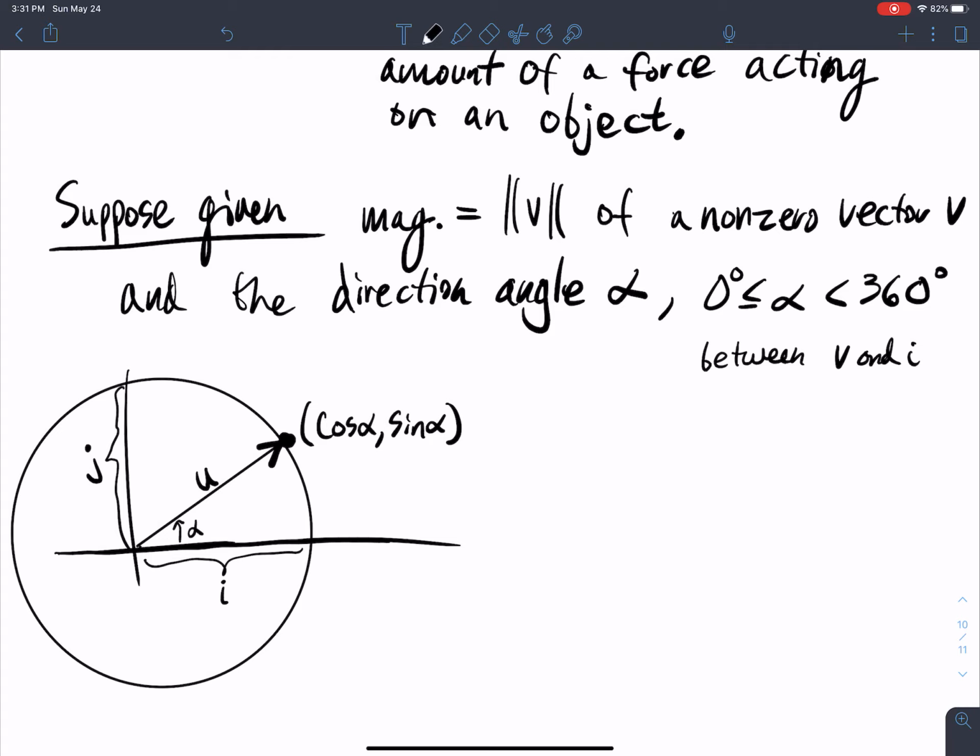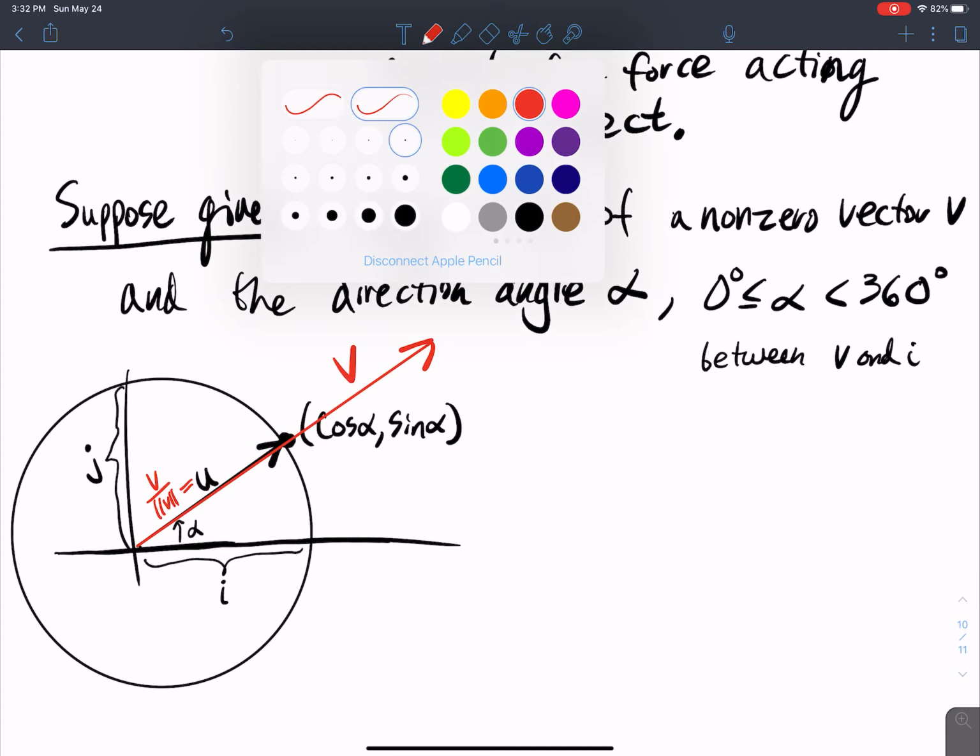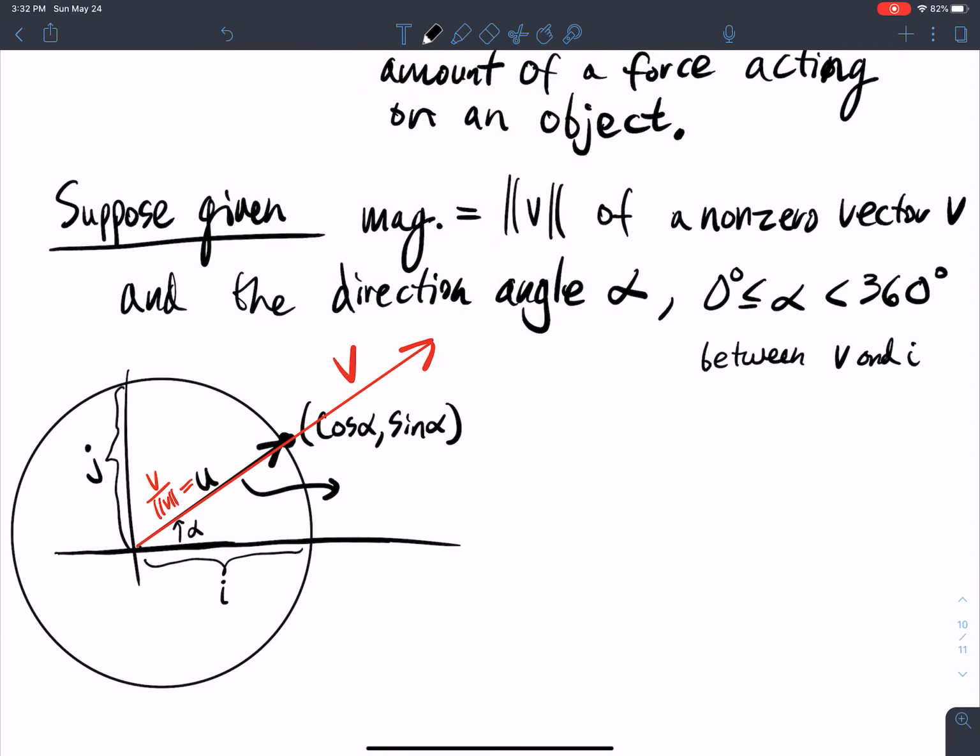Okay? So you knew somewhere that trig was going to be coming back into this, right? So in reality, this v vector is probably somewhere out here, right? So we need to get this down to the unit vector. So that's v over the magnitude of v. Okay. So to get this u vector here, u is equal to cosine alpha, sine alpha.